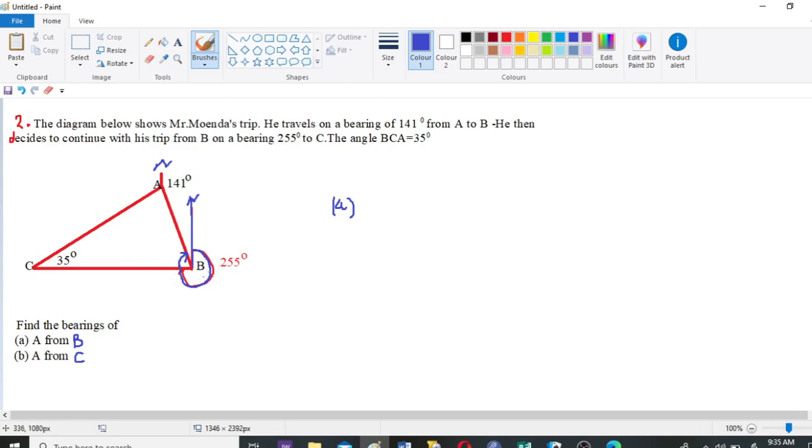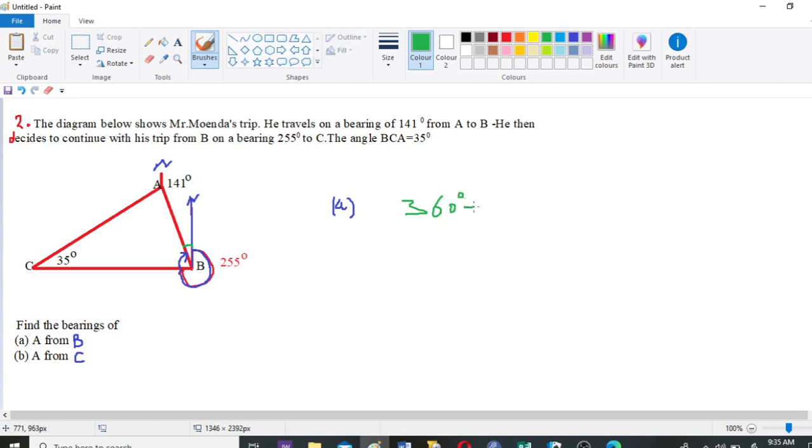So this bearing that I'm looking for is almost a circle, but it is incomplete, right? So what am I going to do? I know that if I complete this and make it a complete circle, the total of this angle will be 360.